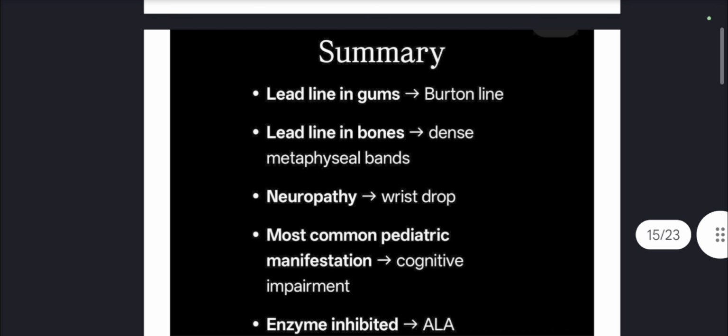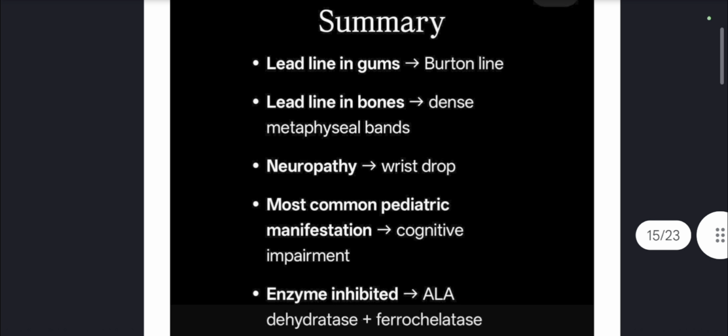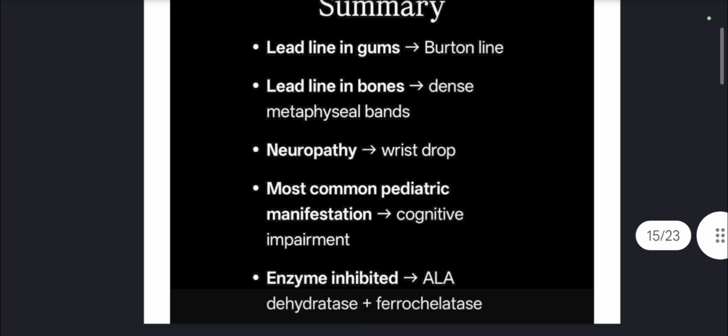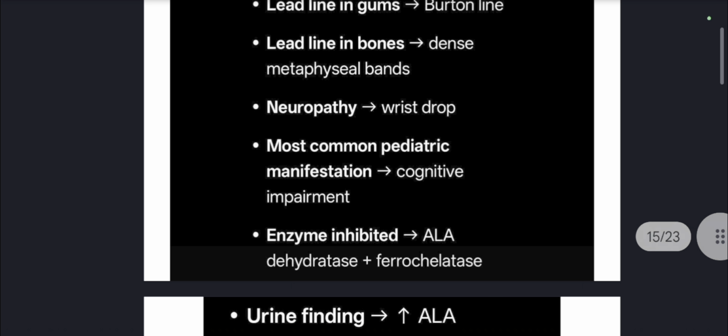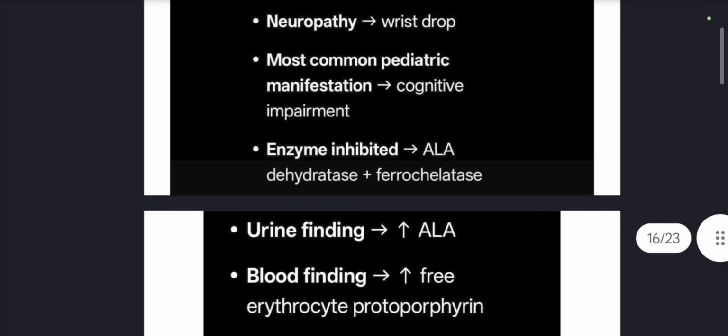Let's get to the summary. Lead line in gums is called the Burtonian line. Lead line in bones is dense metaphyseal bands. Neuropathy leads to wrist drop. Most common pediatric manifestation is cognitive impairment in children. And what are the enzymes which are inhibited? ALA dehydratase and ferrochelatase.